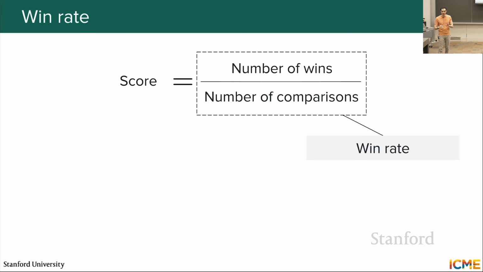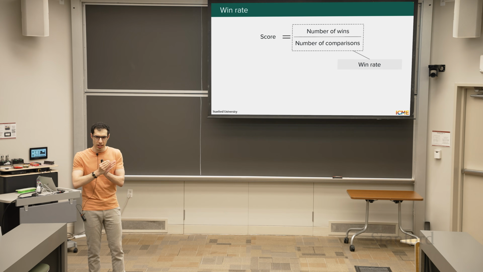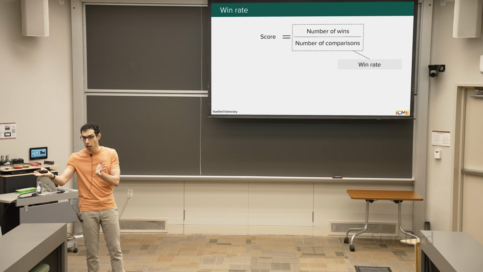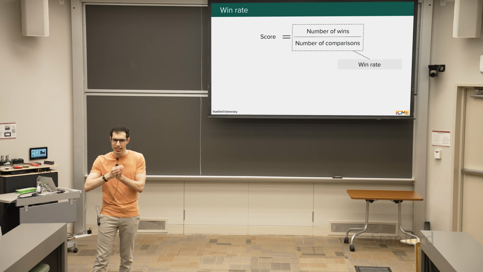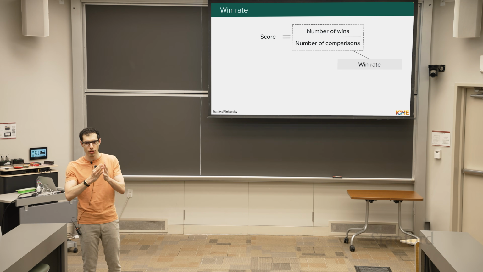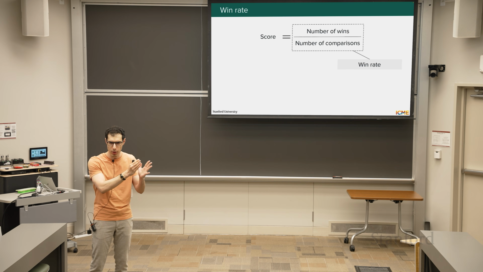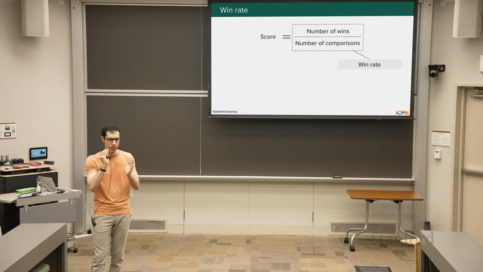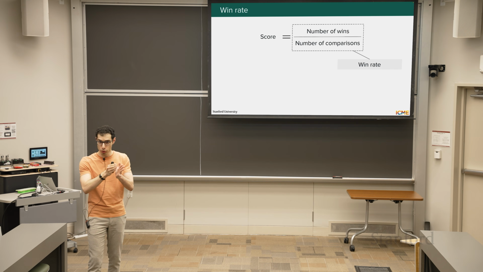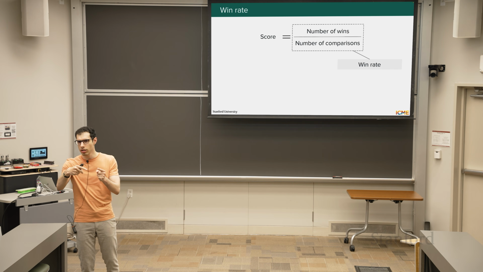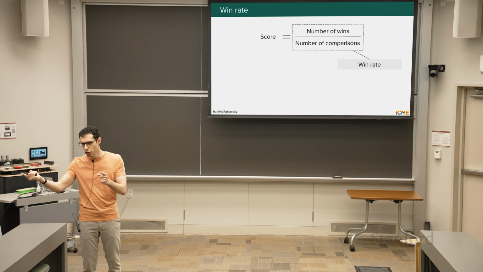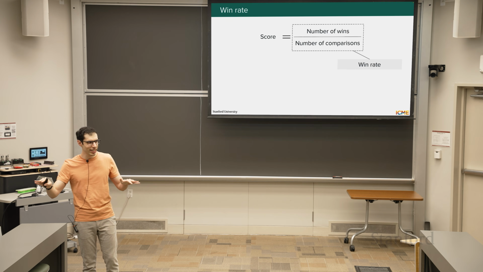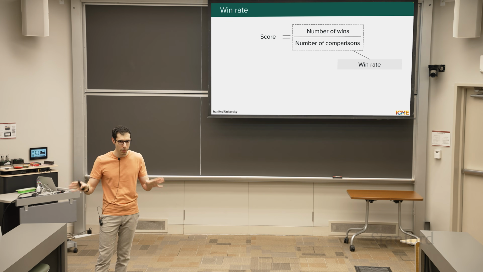So here what we're doing is, for each model, we're generating outputs, and we're comparing these outputs to, let's say, outputs of another model. What we're saying is, in order to quantify the performance of that first model, the model A, we're counting the number of times images produced by this model won over the opponent, and we divide that by the number of comparisons.